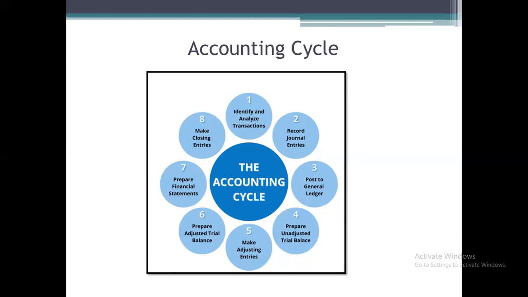I've talked about the income statement, the balance sheet, and the cash flow statement.